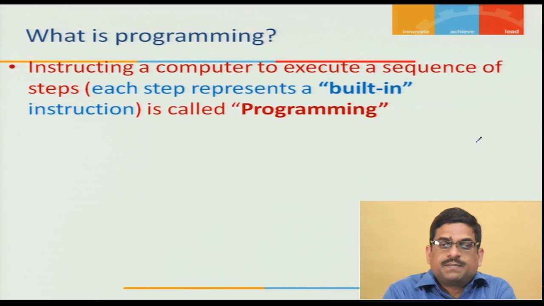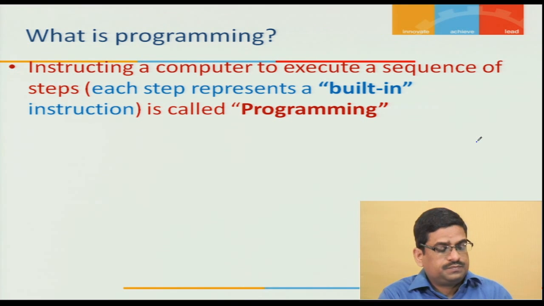Here each step represents a built-in instruction in the instruction set of that computer, and this process of instructing a computer is called programming. The outcome will be the program with which you are solving the problem.